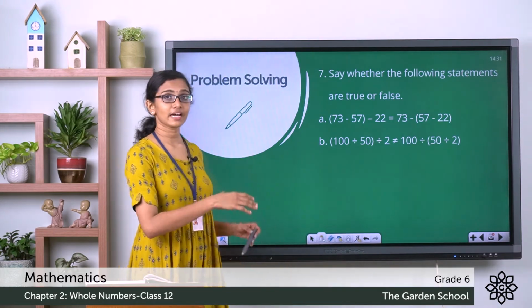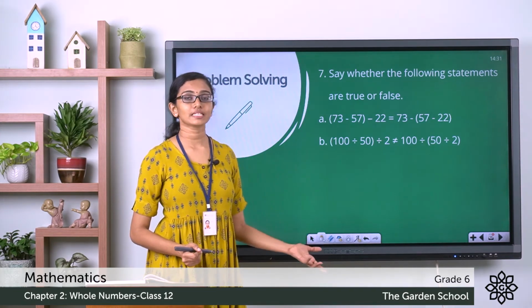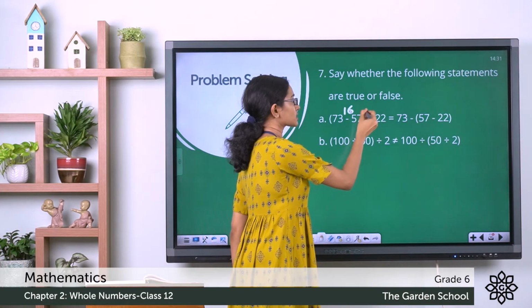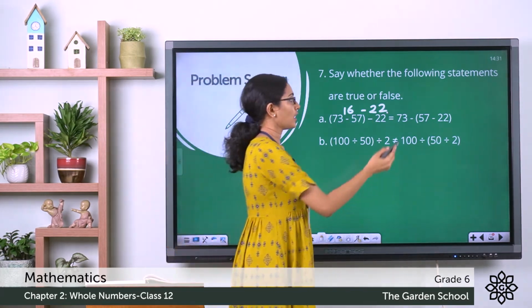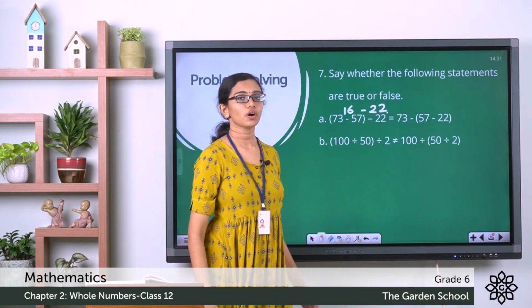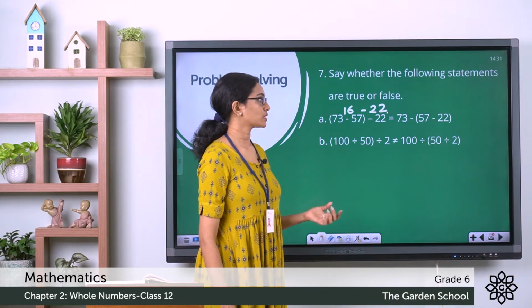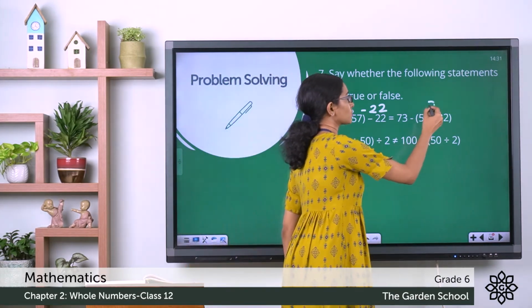On the left hand side we have got 73 minus 57. What is the difference? Here the difference is 16 and we have 16 minus 22 on the left hand side. Now on the right hand side you have got 73 minus the difference of 57 and 22. What is 57 minus 22? This is equal to 35.